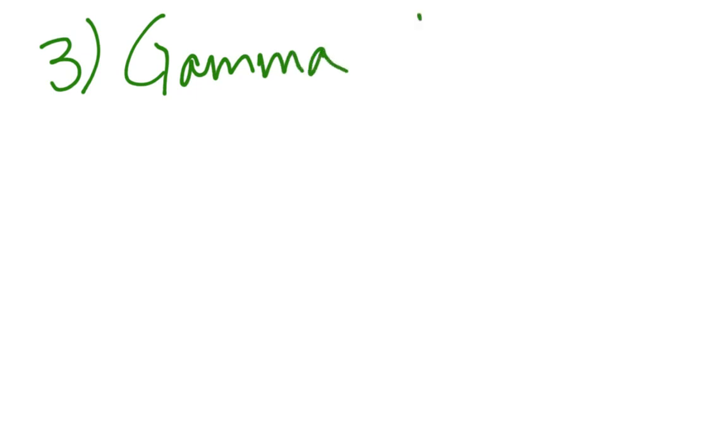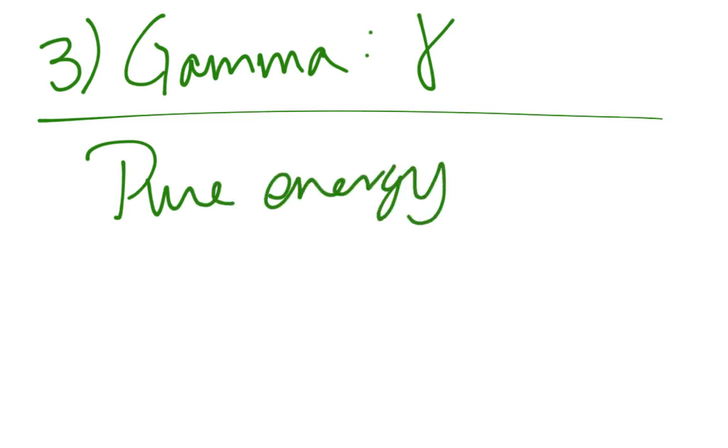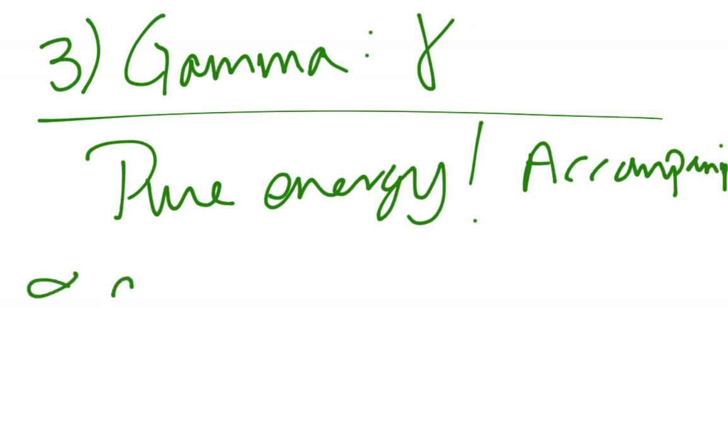The third type is gamma radiation. It looks like the dying fish upside down. This one has nothing ejected. It is pure energy. It accompanies alpha and beta radiation.